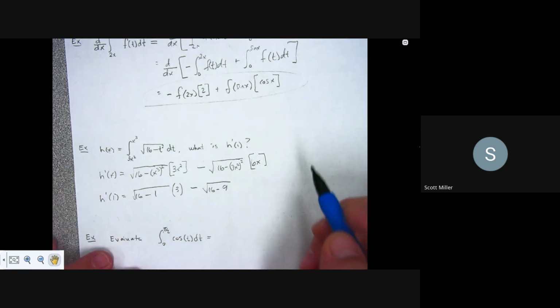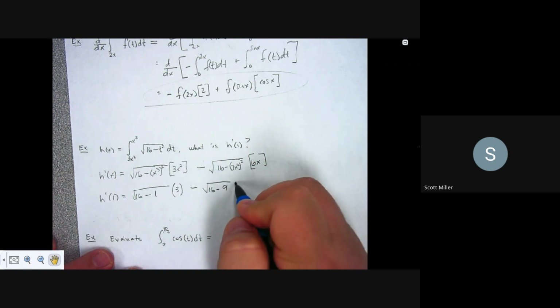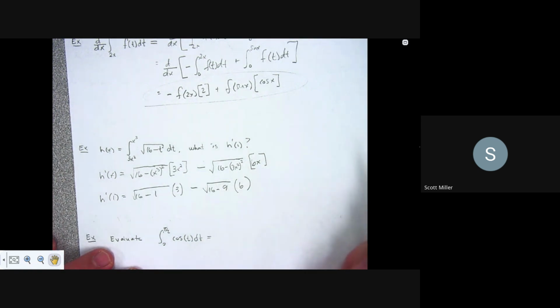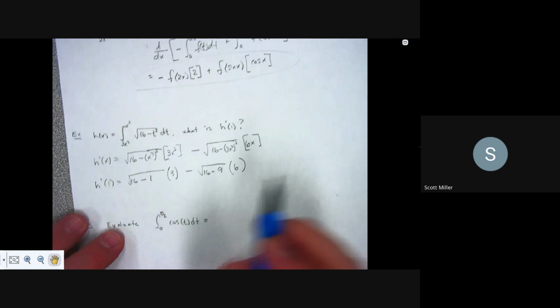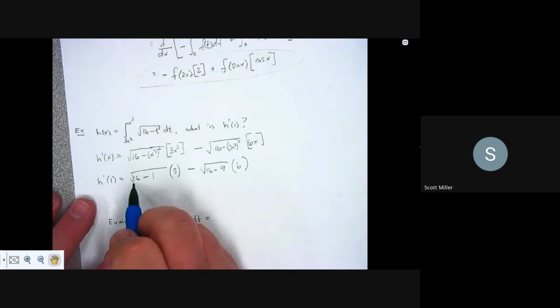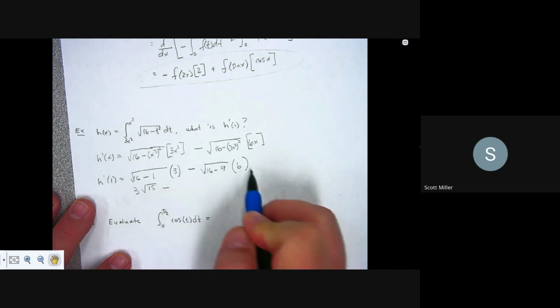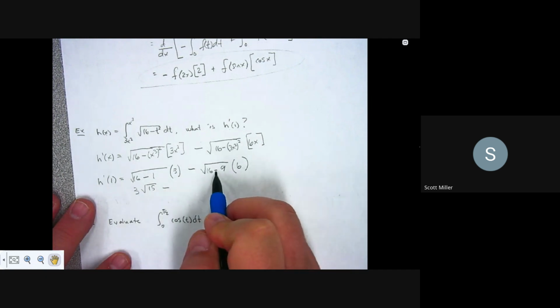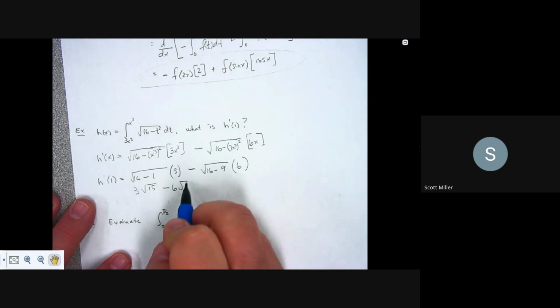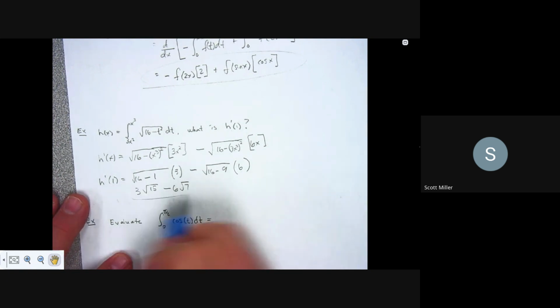And then times 6. And so what I end up with over here is the square root of 15 times 3 minus 6 times the square root of 7. And so that would be our answer there.